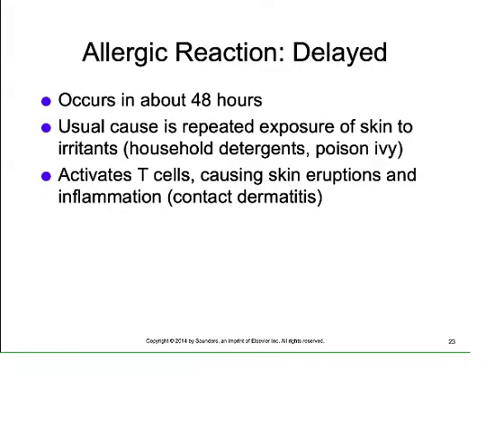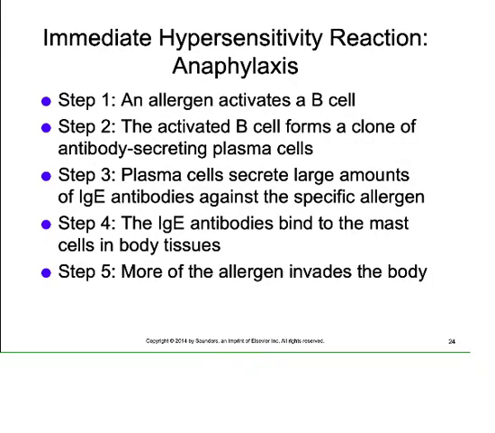Right? Allergic reactions are essentially inappropriate responses of the immune system to something that's not actually a threat, okay? And the result is that the effects of the immune action are actually what make us sick, okay? So it comes in different types, right? In anaphylaxis, okay, we have an allergen activating a B cell.